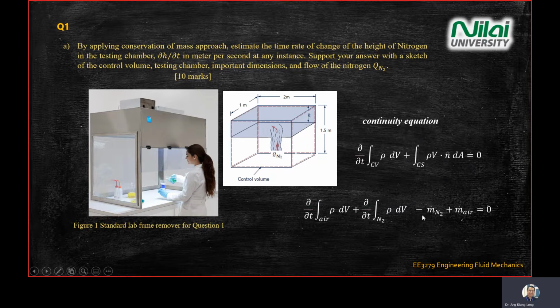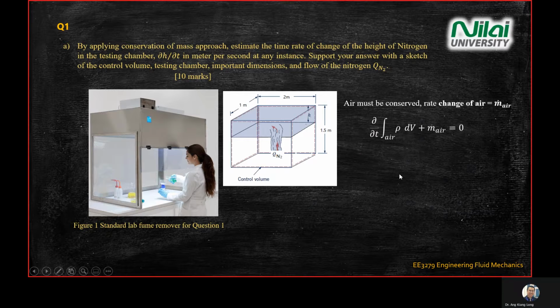Because nitrogen goes inside, you get negative, and the air is positive. And air must be conserved, so you write this equation. And then nitrogen also must be conserved, so the mass flow rate for nitrogen, m dot n2, is given by this one.